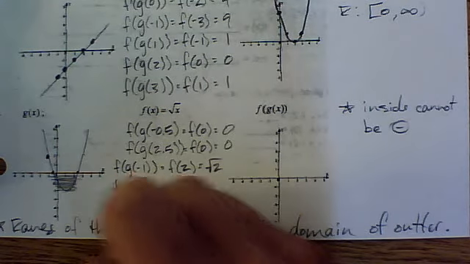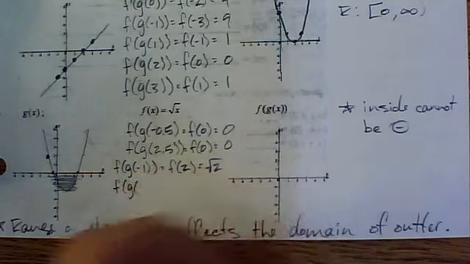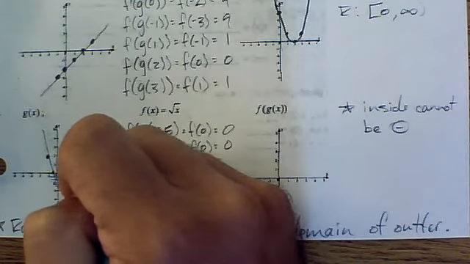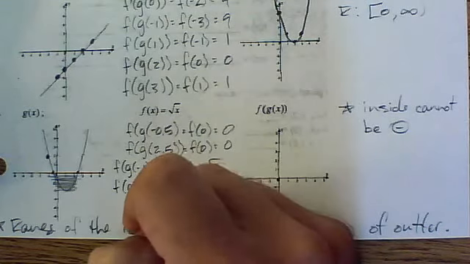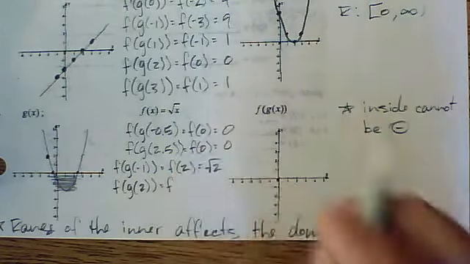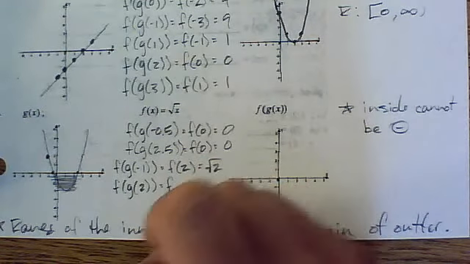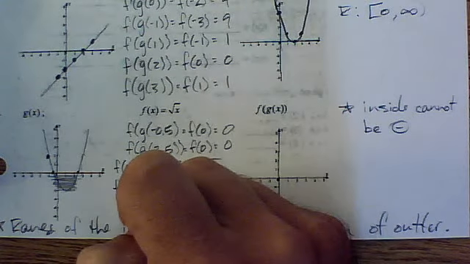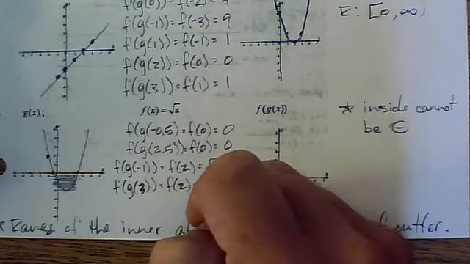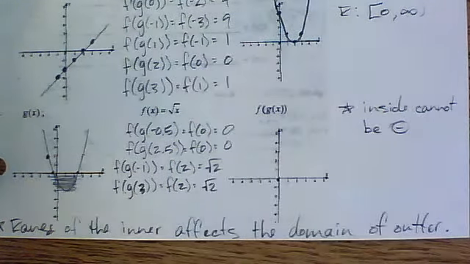And then f of g, we can use 3 here, which looks like that's also 2. No, I'm sorry, that should be a 3, which is f of 2, and we also get square root of 2.